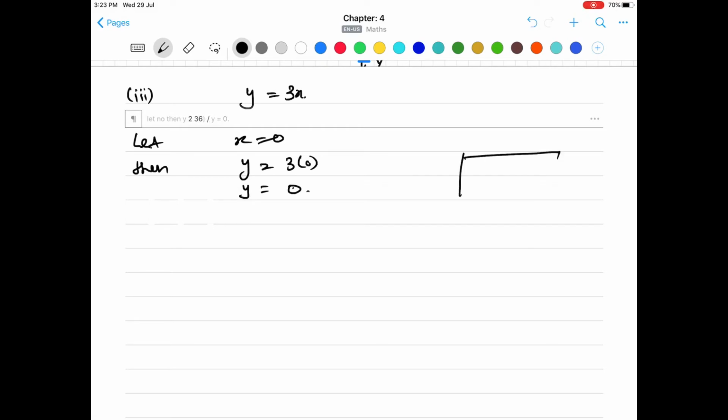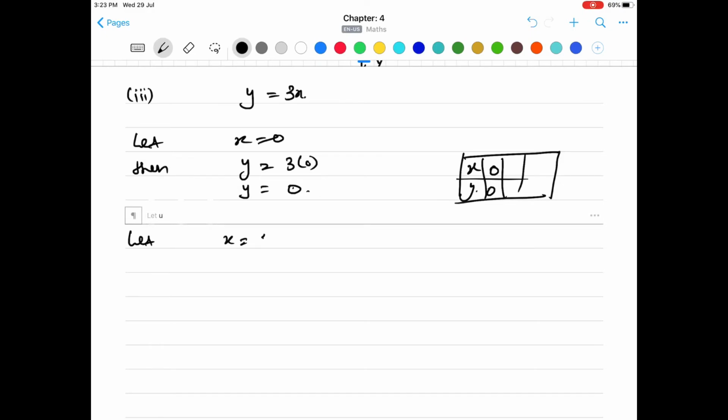So let's write the solutions here: x and y, on x equal to 0, y is also 0. Then let x equals to 1, then we have y equals to 3 into 1, or y will be equals to 3.